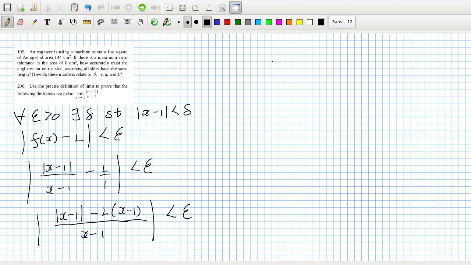Maybe I should do my split again. So either x is more than 1 or x is less than 1. So in the case of x more than 1, that's x minus 1 minus L times x minus 1 over x minus 1 less than epsilon.